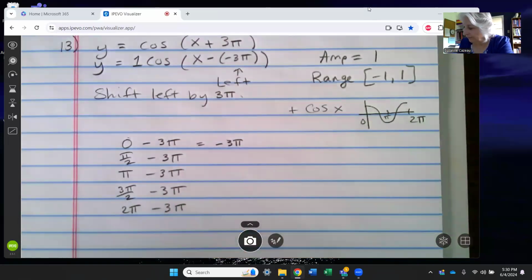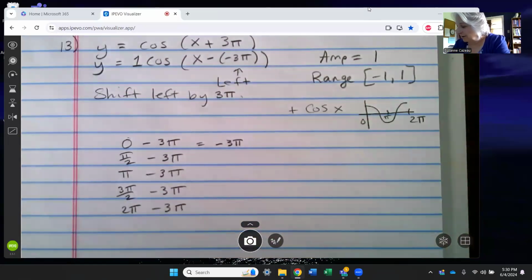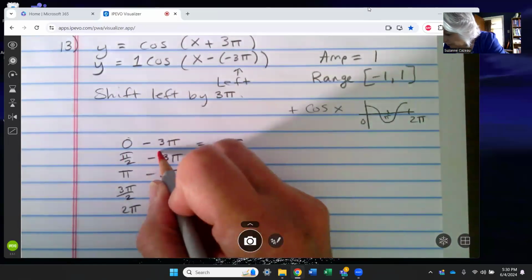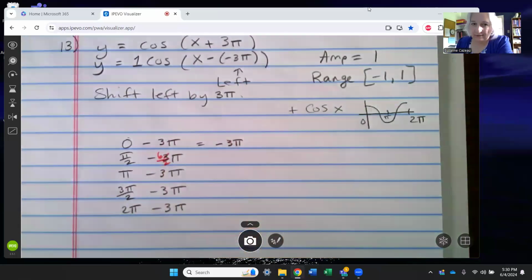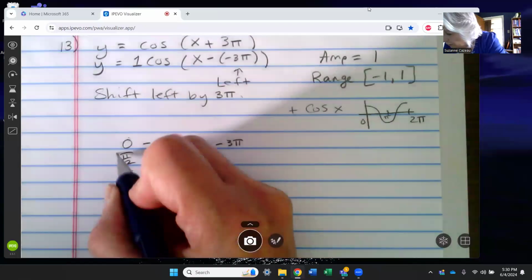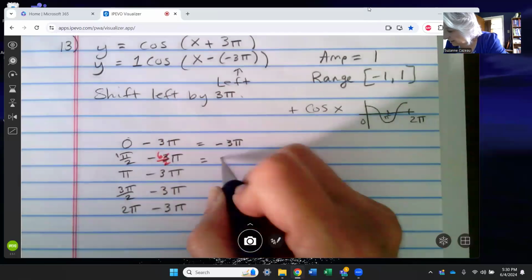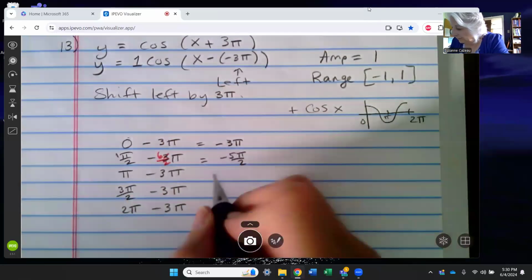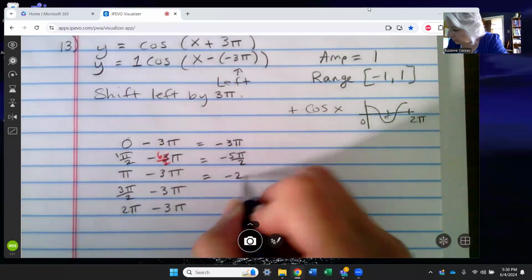All right. Now this one here, you're going to have to get a common denominator. You could write the 3 as a 6 over 2 instead. So what is 1 minus 6? That's a negative 5, right? Negative 5 pi over 2. Okay. Now what's 1 minus 3? Well, that's a negative 2.